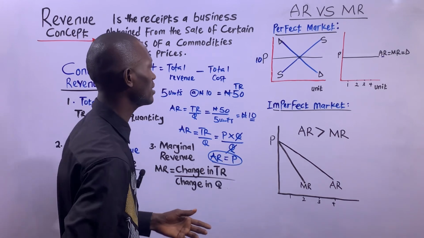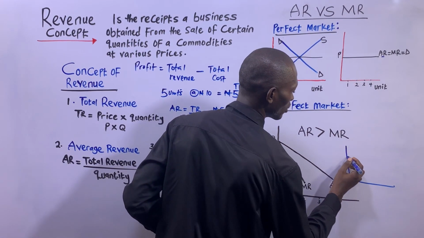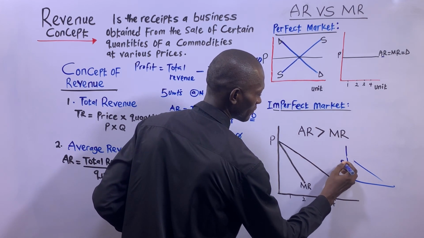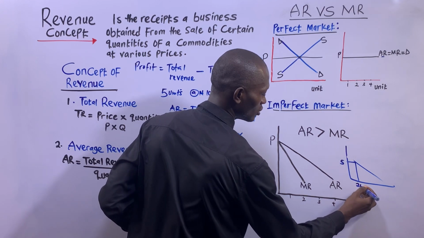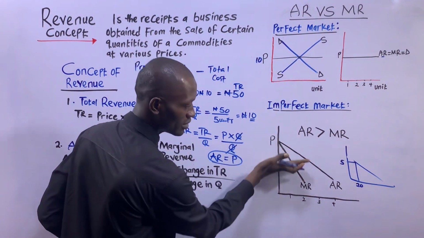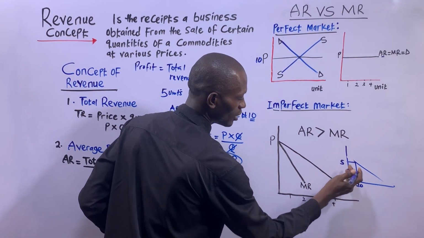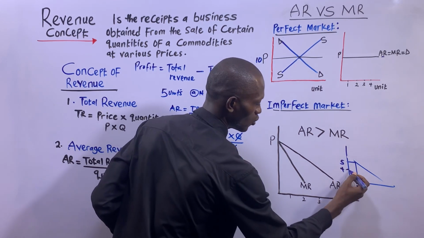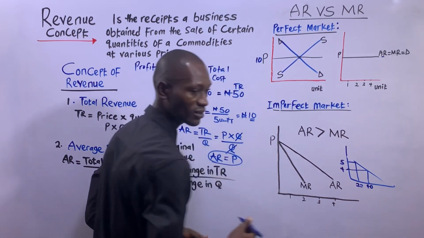And what that simply means is that if as a firm you are faced with a downward sloping demand curve, look at this. Let's say the price here is 5 and your firm sells, let's say, 20 units. If you want to sell more as a firm that operates in an imperfect market, you can always move down the demand curve by reducing your price to 4. Then your quantity demanded for your product will be 40.